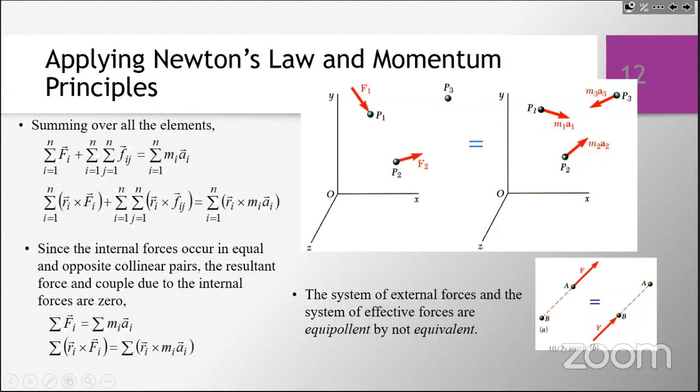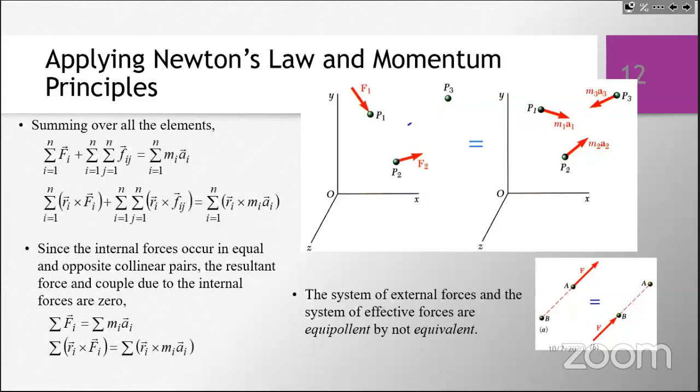So the reason all the internal forces cancel out is because the external force has to act in some relation to the center of mass, right? So there's always going to be some sort of thing pointing towards the center? It's a good question.